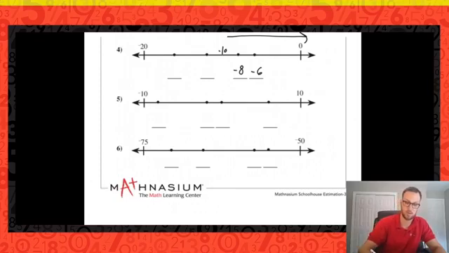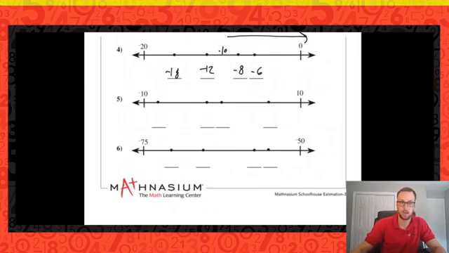And then moving the other direction, what do we think? Yeah, very good. Negative 12. And yeah, very nice. Negative 18. All right.